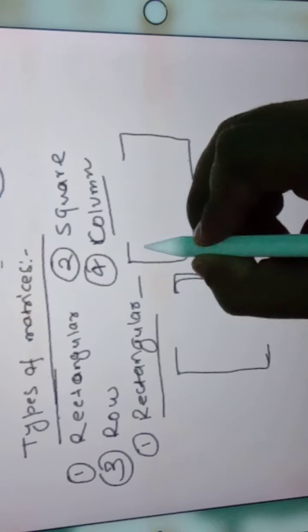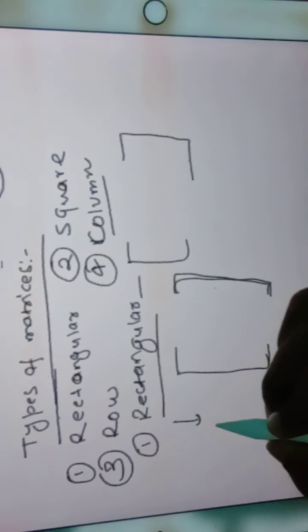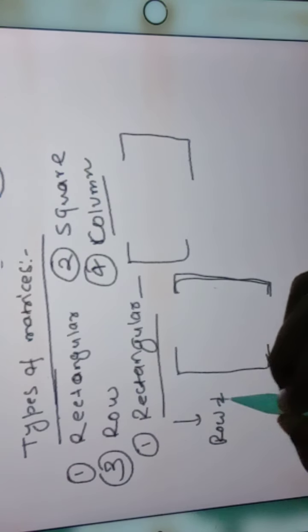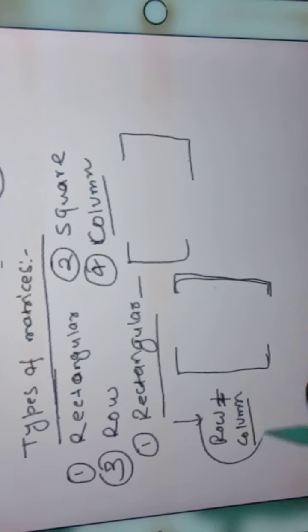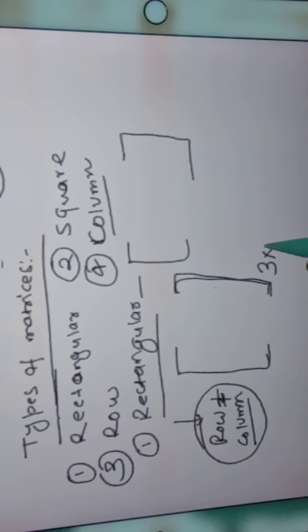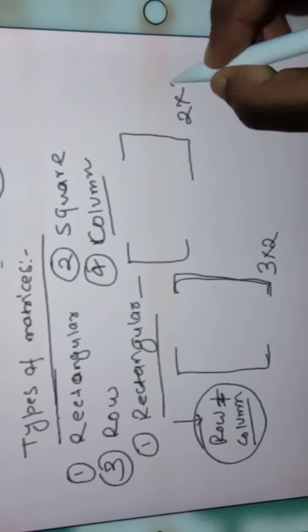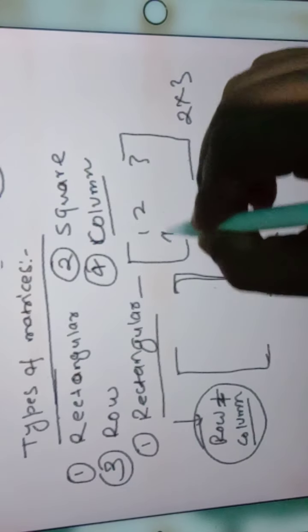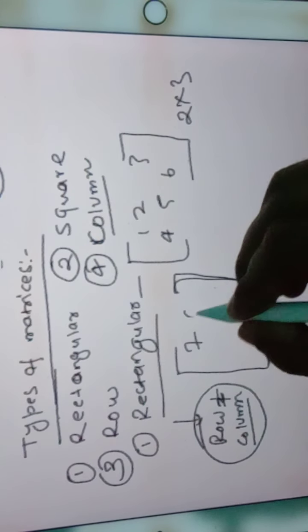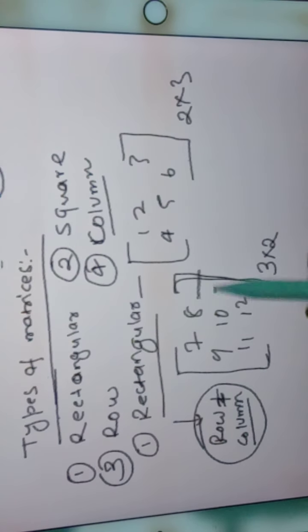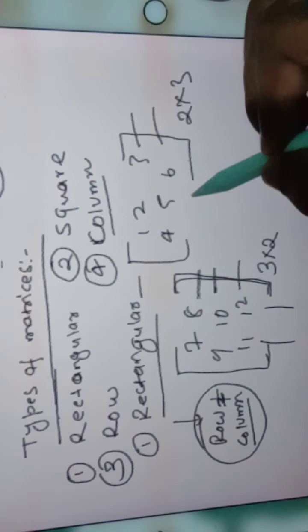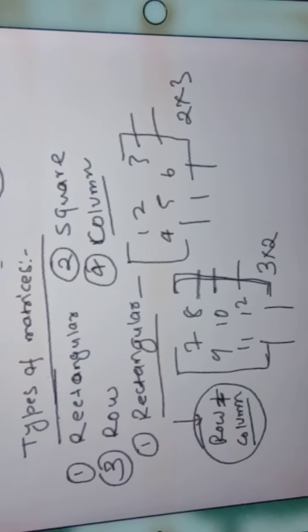That means row not equal to column. In one sentence we denote it as row not equal to column, like 3 cross 2, like 2 cross 3. 3 rows and 3 columns, 2 rows and 3 columns, shape looks like that.